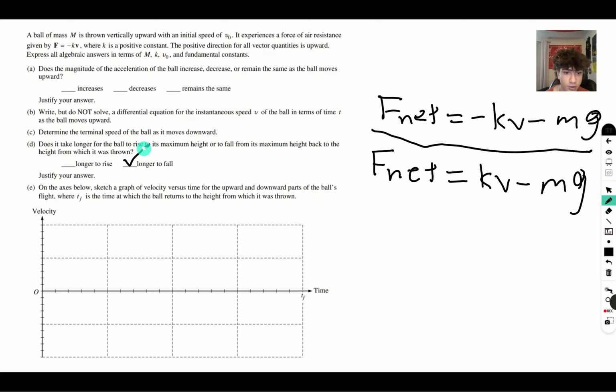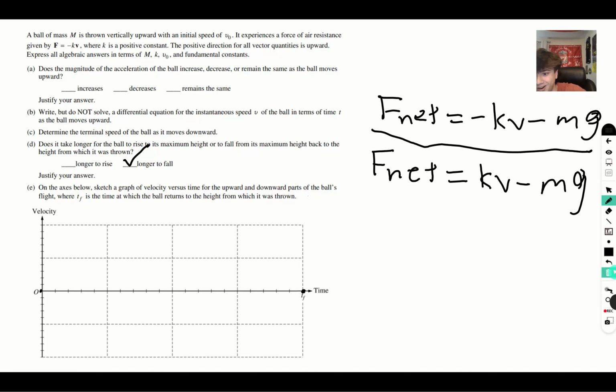Part E: on the axes below, sketch a velocity versus time graph for the upward and downward part of the ball's flight, where TF is the time at which the ball returns to the height at which it was thrown. So we know that the ball starts at this height here and ends here.